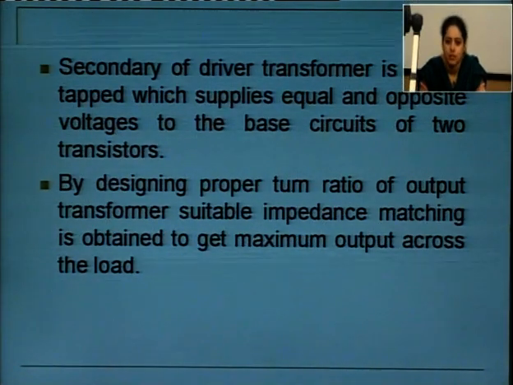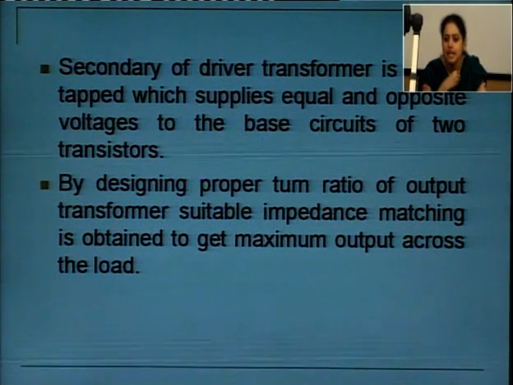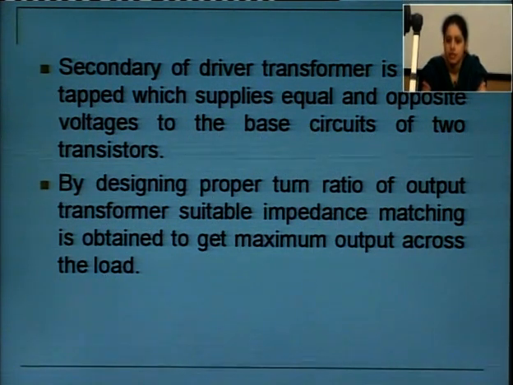The secondary of the driver transformer is center tapped, which supplies equal and opposite voltage to the base circuits of the two transistors. By designing a proper turns ratio of the output transformer, suitable impedance matching is obtained to get maximum output across the load. You are employing transformer coupling again. So, transformer coupling is employed for impedance matching, so that maximum output can be obtained with respect to your input.